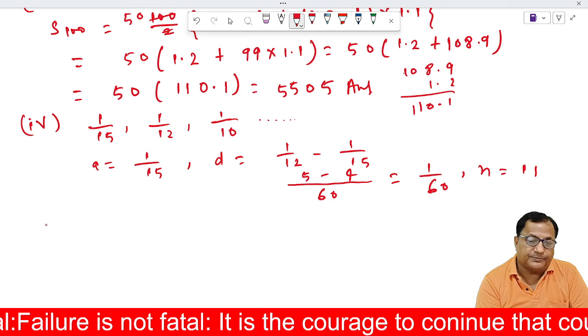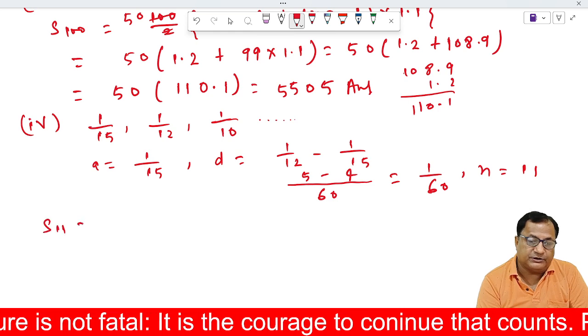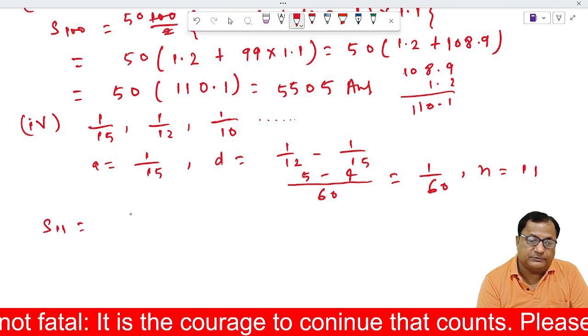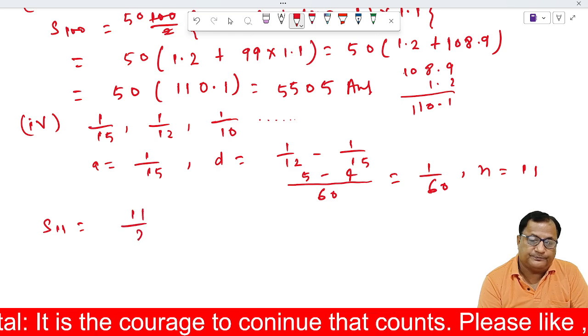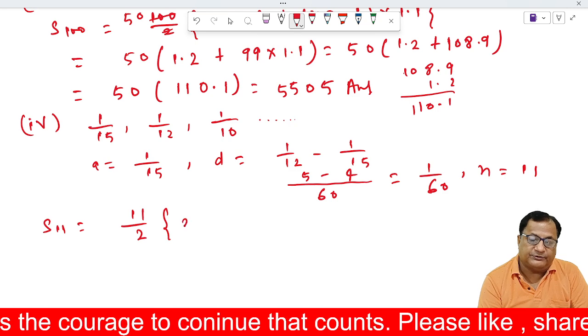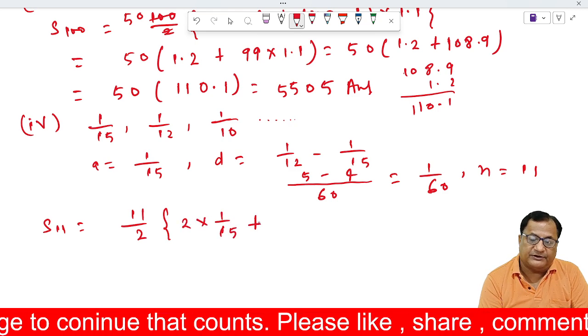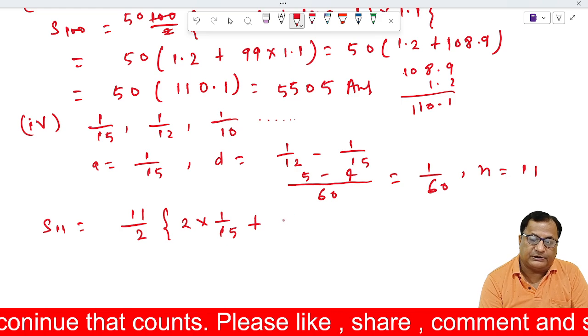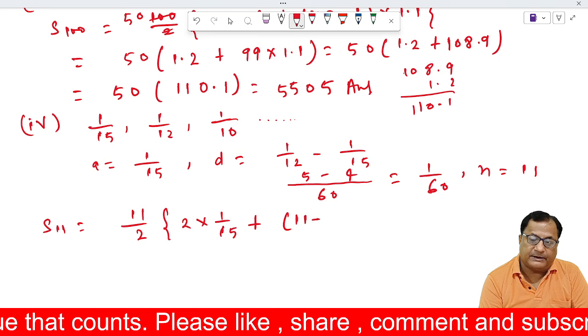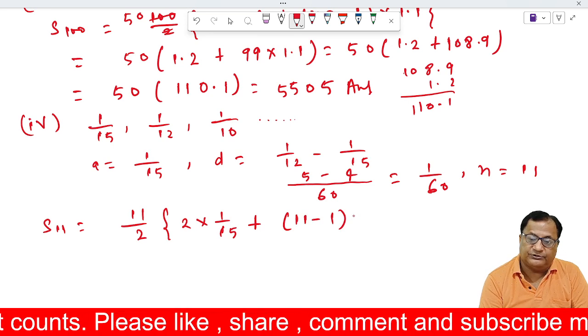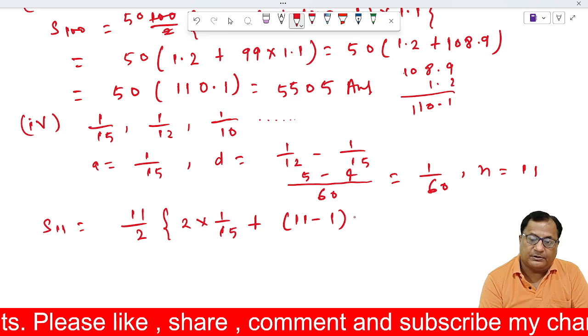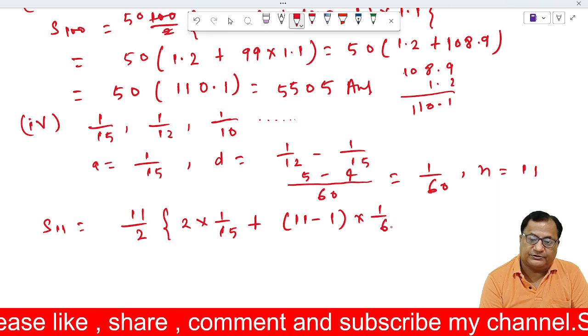So S11 is equal to n by 2, 11 by 2, into 2a, which means 2 into 1 by 15, plus n, which is 11, minus 1, into d, which is 1 by 60.